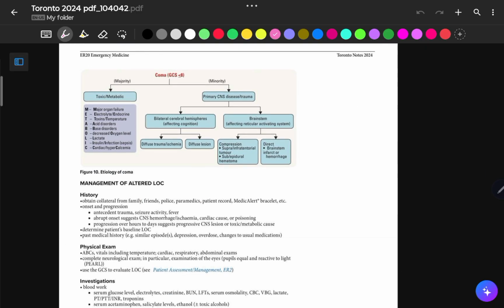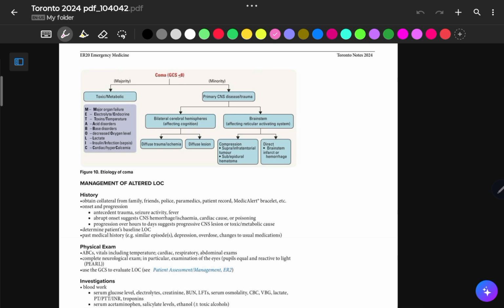Okay, so Glasgow Coma Scale. If you have a coma patient with a GCS score lesser than 8, what are the majority causes of this? It could be toxic or metabolic causes.